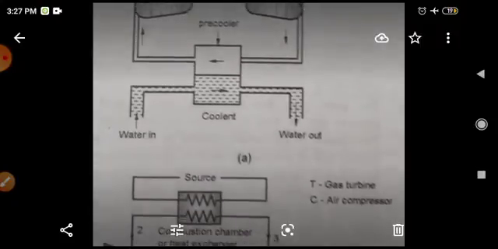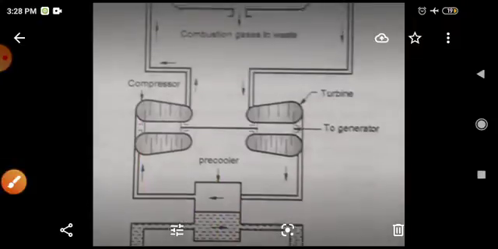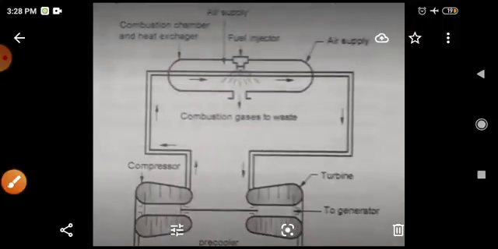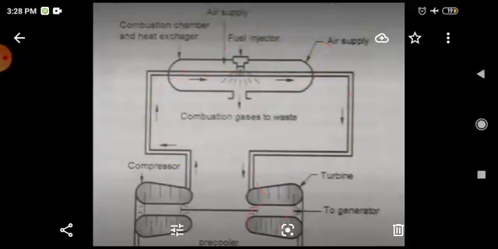Just the heat is transferred. It is cooled down and it is again cooled here and again compressed. Again heat is added. Then again it is fed to the turbine in this way.